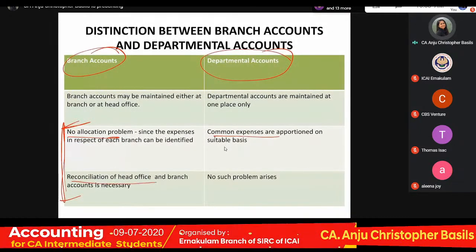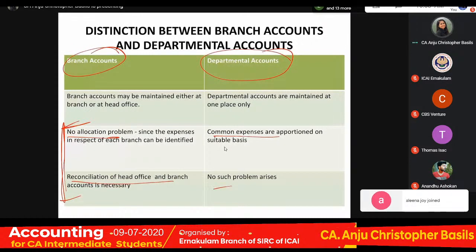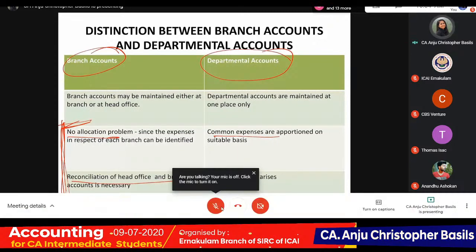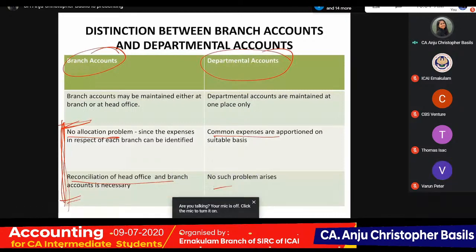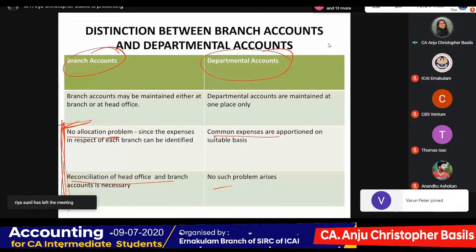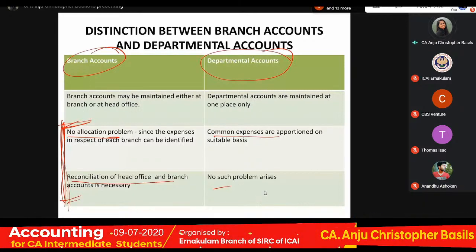Similarly, there is reconciliation of head office and branch accounts under branch accounting, whereas in departments we don't have such an issue. In branch accounts, whatever is incurred for a particular branch, you'll be able to identify it smoothly because the branches are not in one single location; they will be in different locations. Whereas we have the problem of reconciliation when it comes to branch accounts.